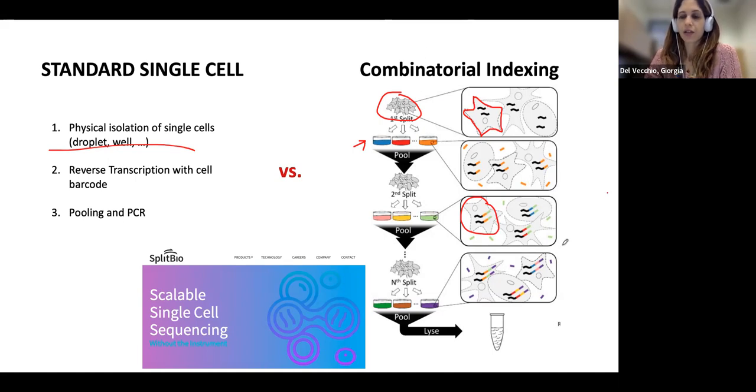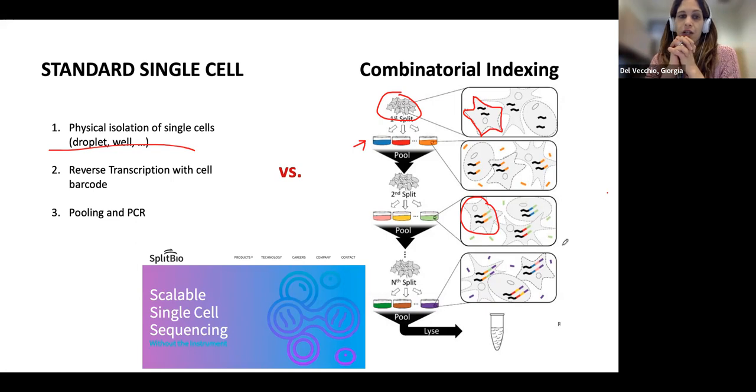So the barcoding is not happening in culture. So we will wash the cells and permeabilize them. So they're not live cells, of course, because otherwise it's hard for the cells to introduce the adapters.